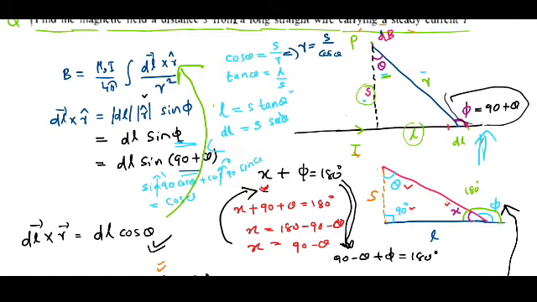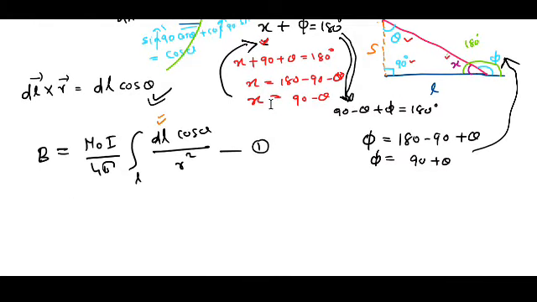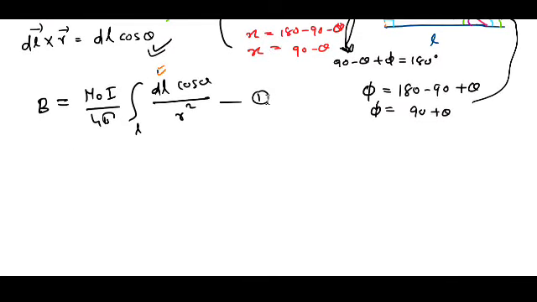I put this as equation number 2 and this as equation number 3. Fine. Then we need those two equations here to replace this dl and to replace this r square.